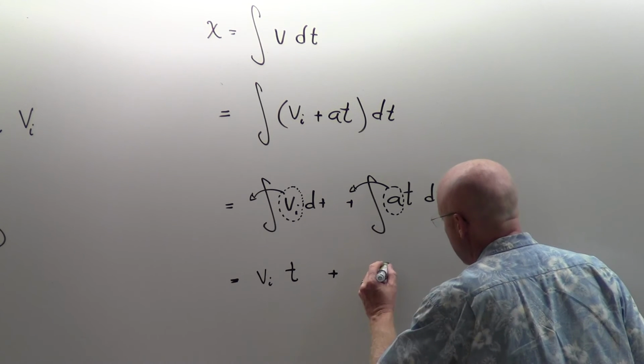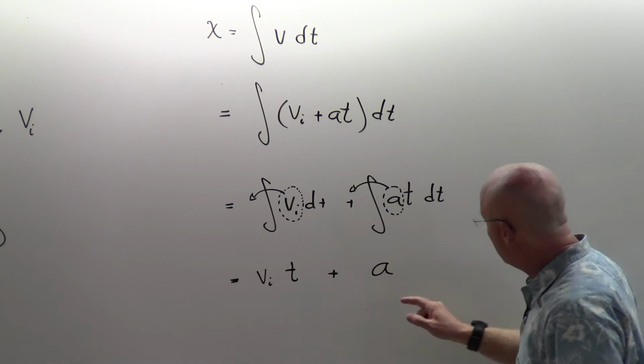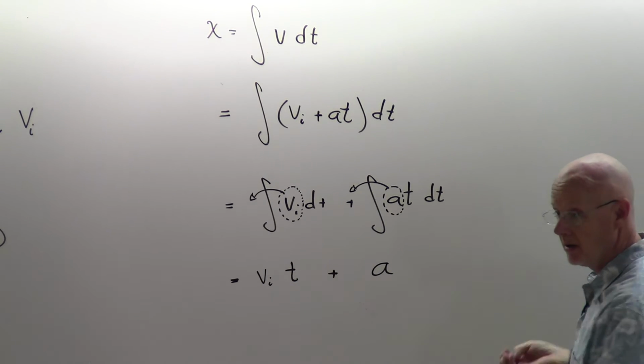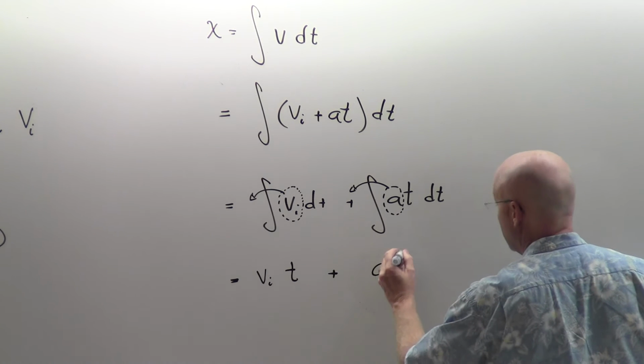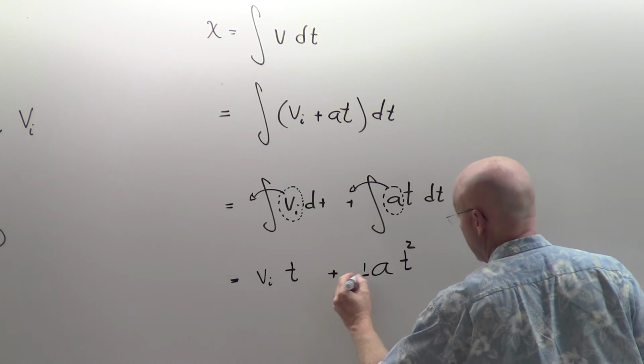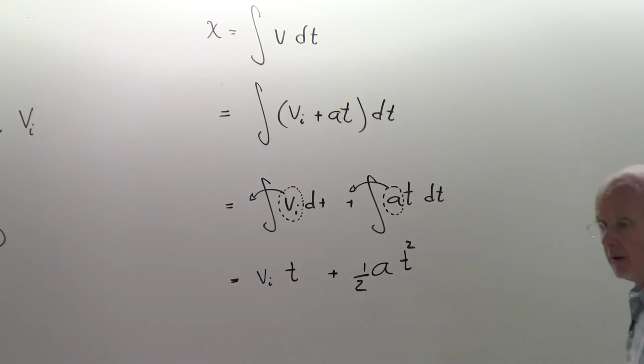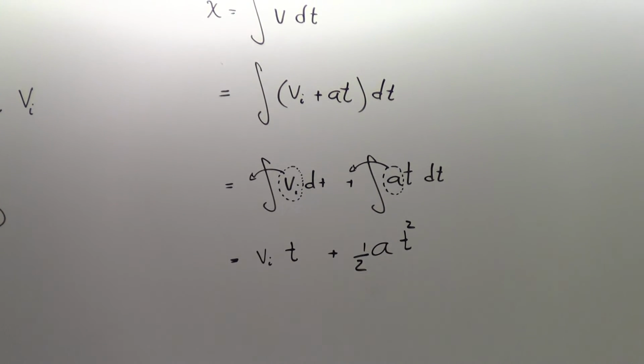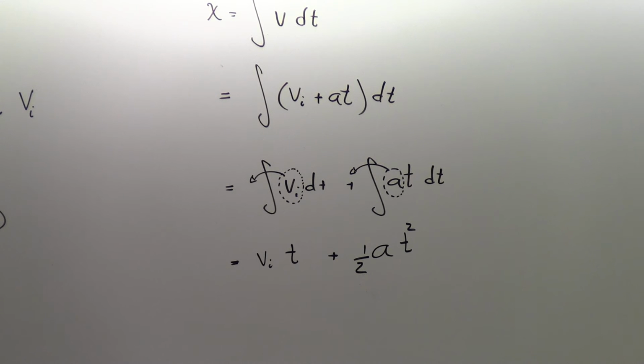So I'll put the a by itself. But then what do I have? I have an integral of t dt. What's that? T squared over 2, plus a constant, right? I haven't forgot about it. I just haven't put it down quite yet. All right, so there's my two integrals.